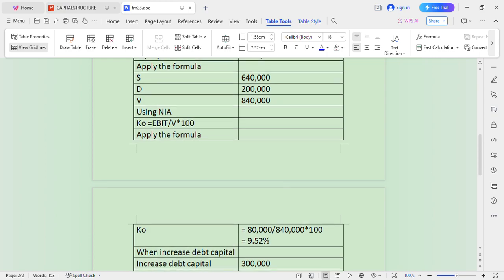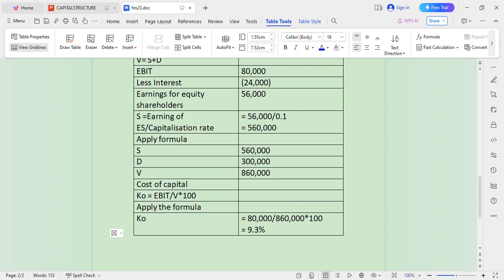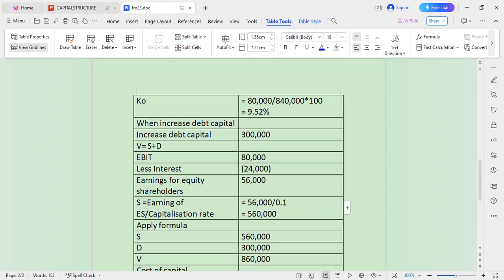Is it increasing or decreasing? The value of the farm before increasing debt capital was 840,000. But now, after increasing debt capital to 300,000, what is the value of the farm? Has it increased or decreased? It has increased by 20,000.